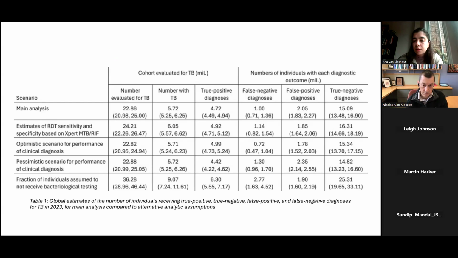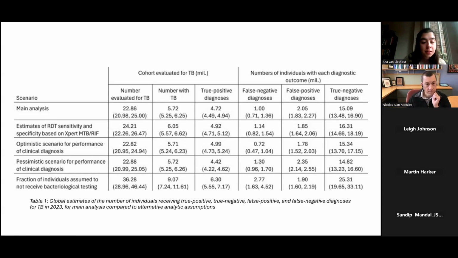So this is the table with all of the results. The first row shows the results for the main analysis, that's what I showed you before. And we see that based on all of these differences, so what if we consider Xpert MTB/RIF, there will be a difference in true positive and false negative diagnosis, as well as false positive and true negative diagnosis, but they were still quite high.